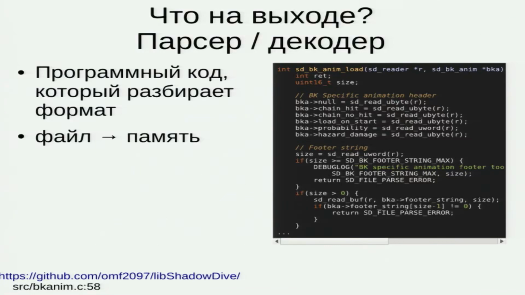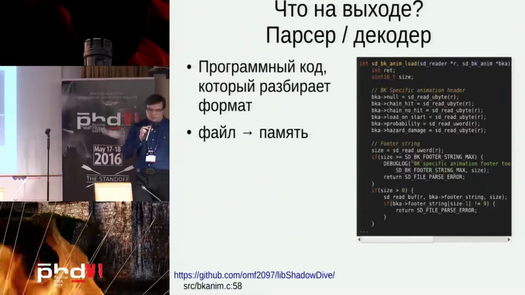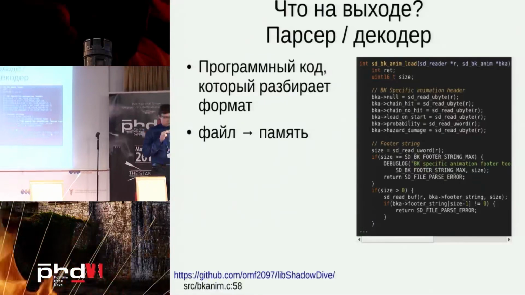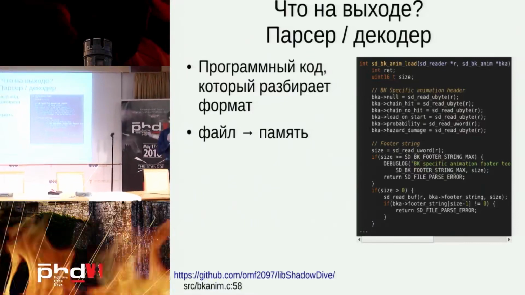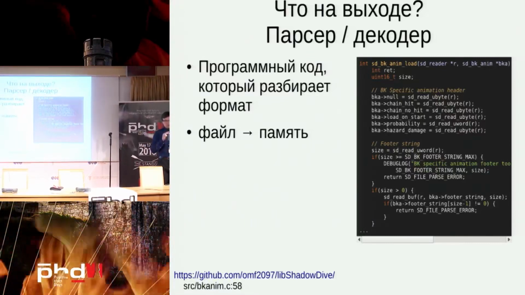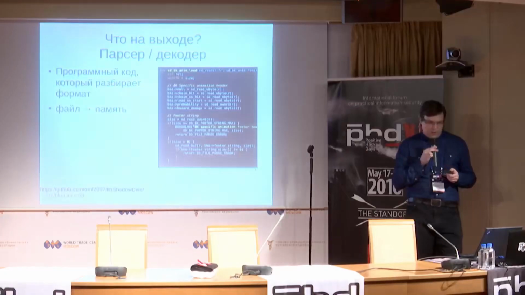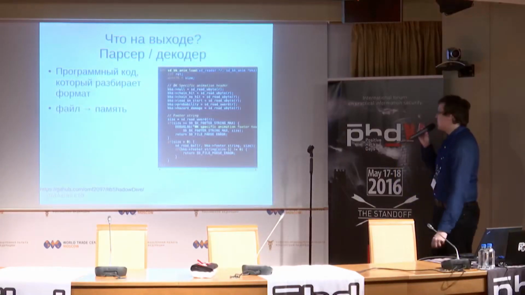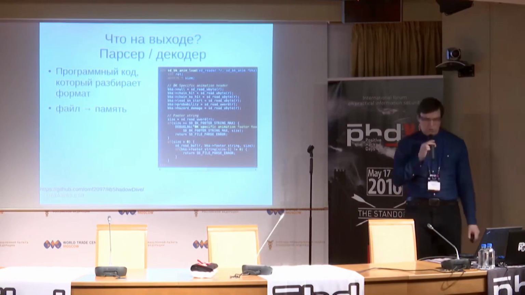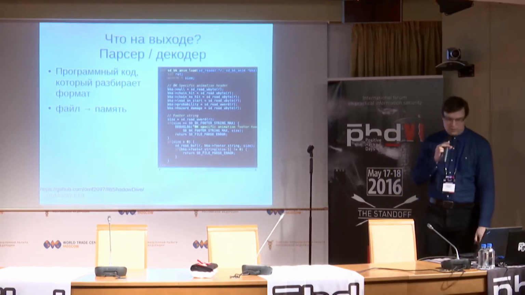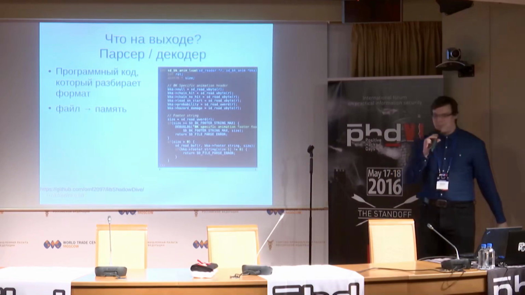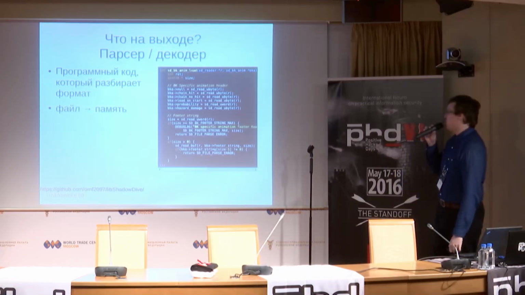The one engaged in reverse engineering is always expected to produce a parser or a decoder to parse the code. Well, everything is moved to the memory and distributed between the named cells. On the slide, you can see an example of such a parser written in the C language.